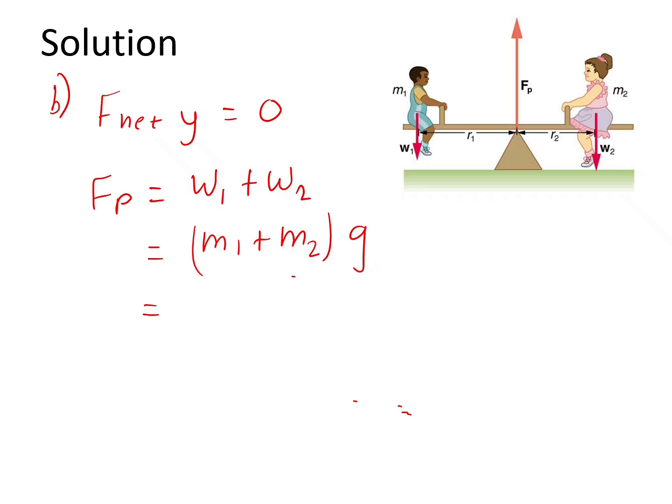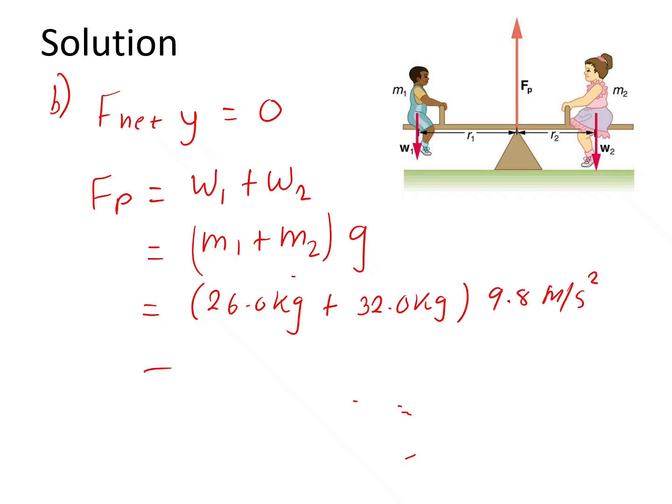We can substitute the values. So 26 kilograms plus 32 kilograms times 9.8 meters per second squared, and this equals 568 newtons.